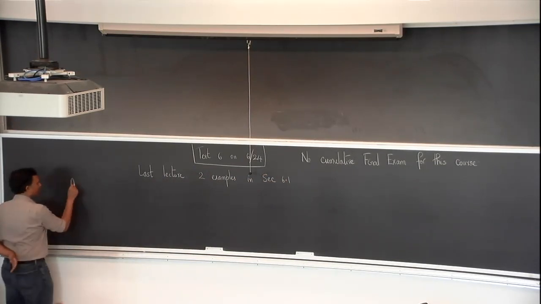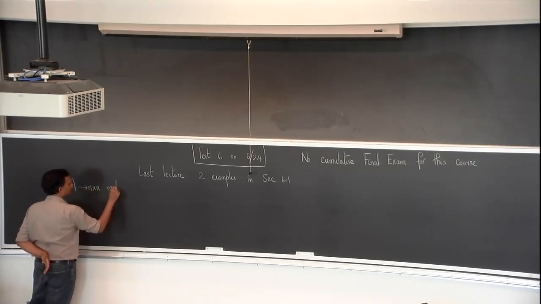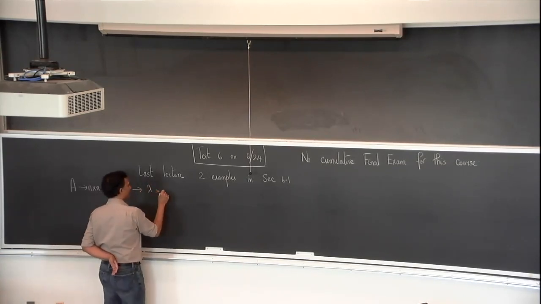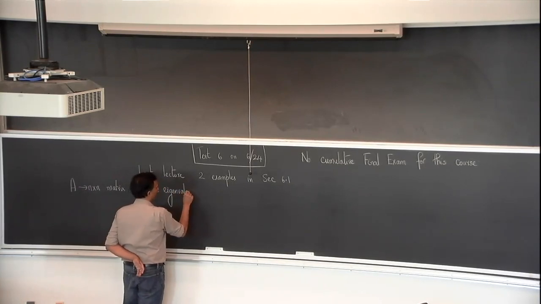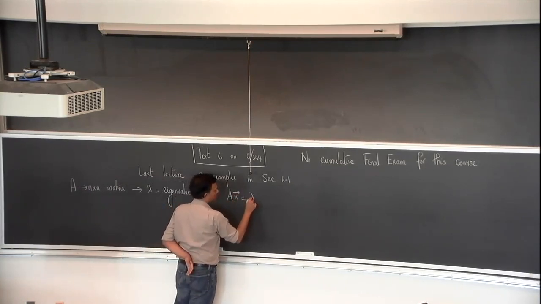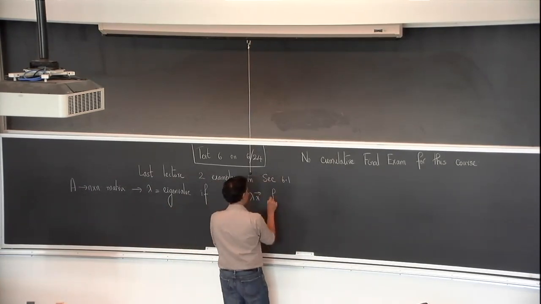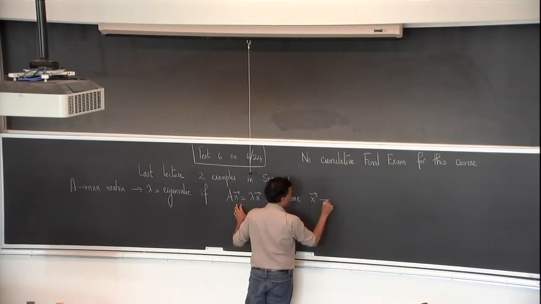Okay, so if A is an n by n matrix, remember that lambda is an eigenvalue if A times x equals lambda times x for some non-zero vector x.